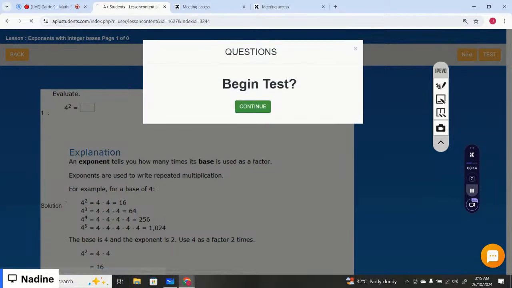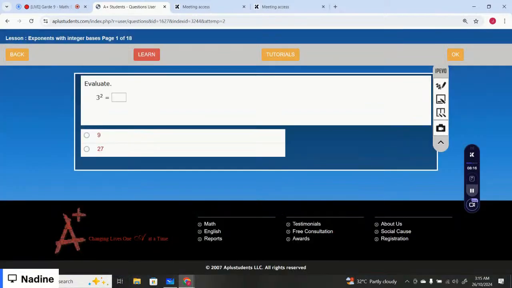Let's just start with the test questions. That is 3 square. So which is the correct option? That is 3 square, right? You have to do 3 times 3, that is 9.